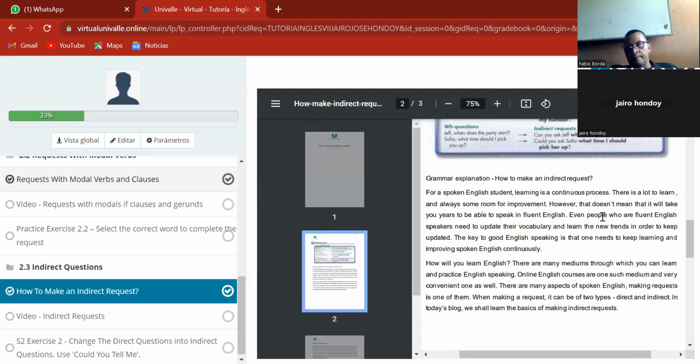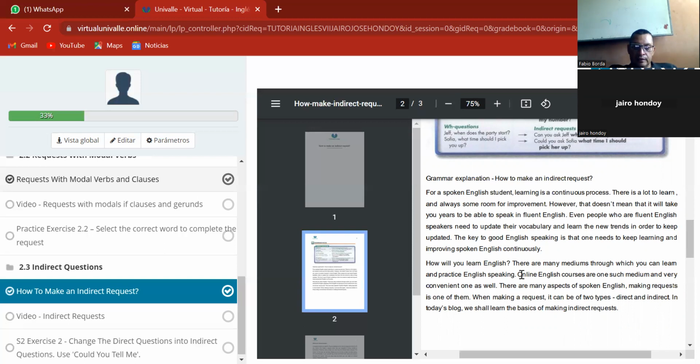However, that doesn't mean that it will take you years to be able to speak fluent English. Even fluent English speakers need to update their vocabulary and learn the new trends in order to keep updated. The key to good English speaking is that one needs to keep learning and improving spoken English continuously.